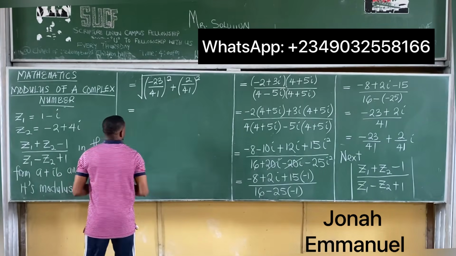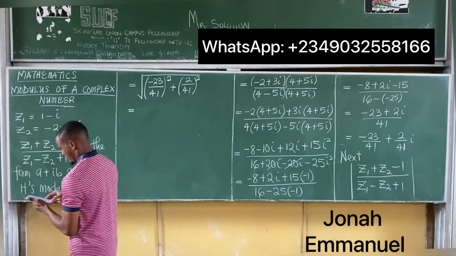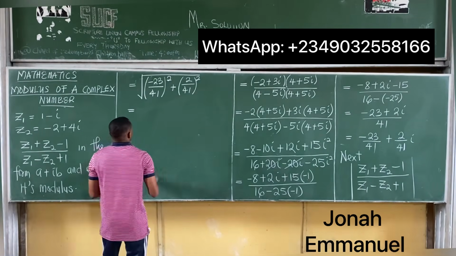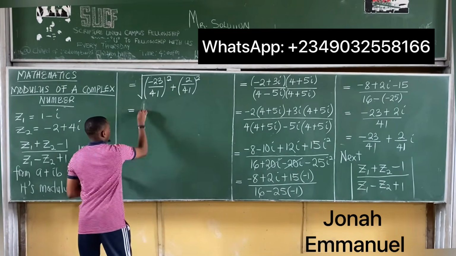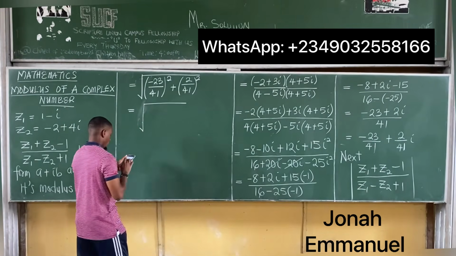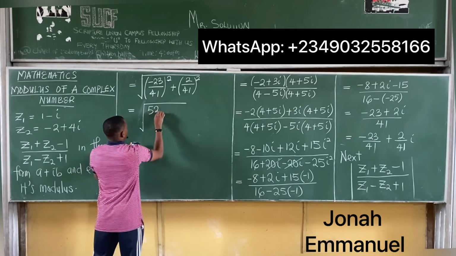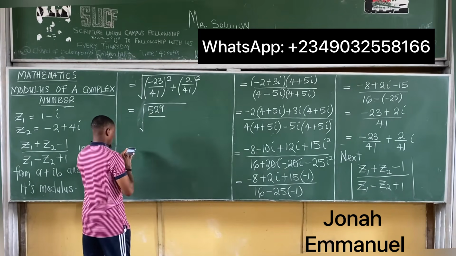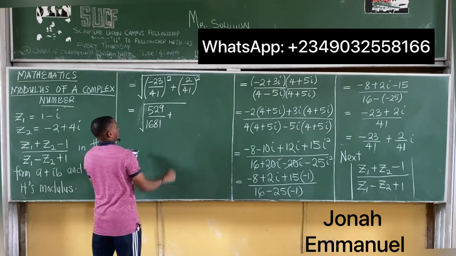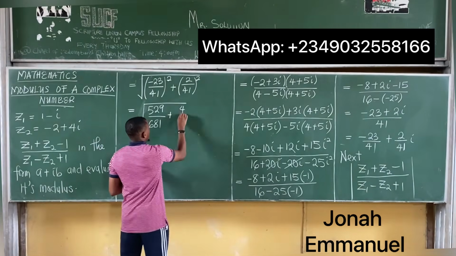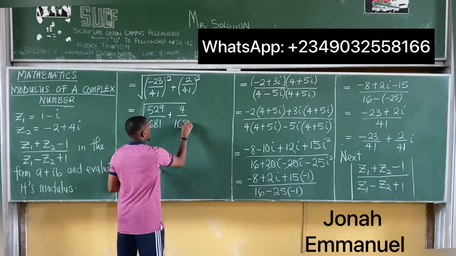This is equal to, let me get my calculator. That's equal to the square root, make this bigger, the square root of 23 squared is 529 all over 41 squared is 1681, plus 2 squared is 4 all over 41 squared is 1681.